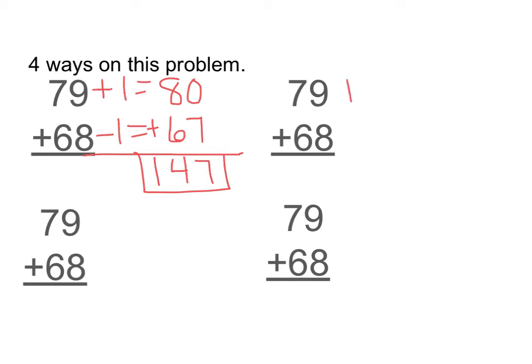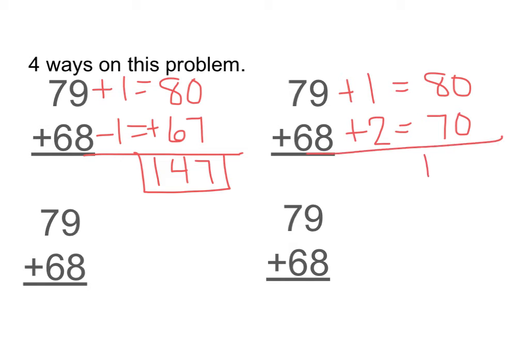But what would happen if I gave them both the partner? So plus 1 and plus 2. So 79 plus 1 equals 80. 68 plus 2 is 70. I have 150. But now, again, where did this plus 2 and plus 1 come from?